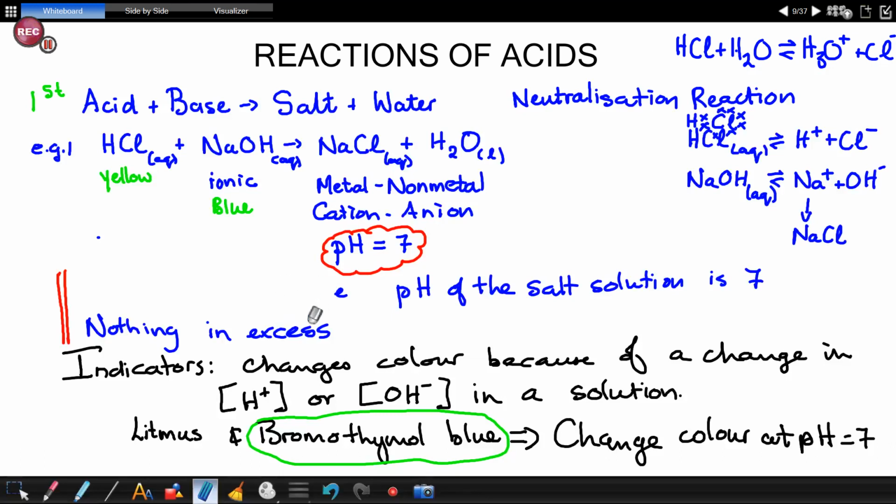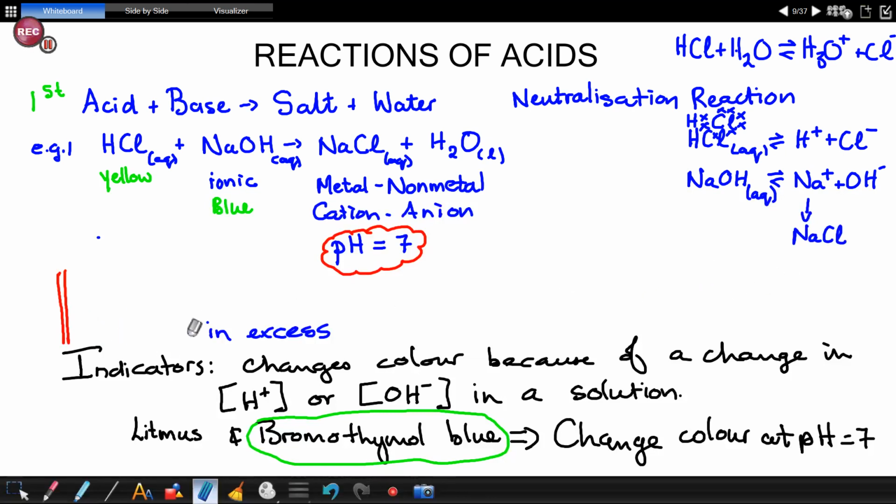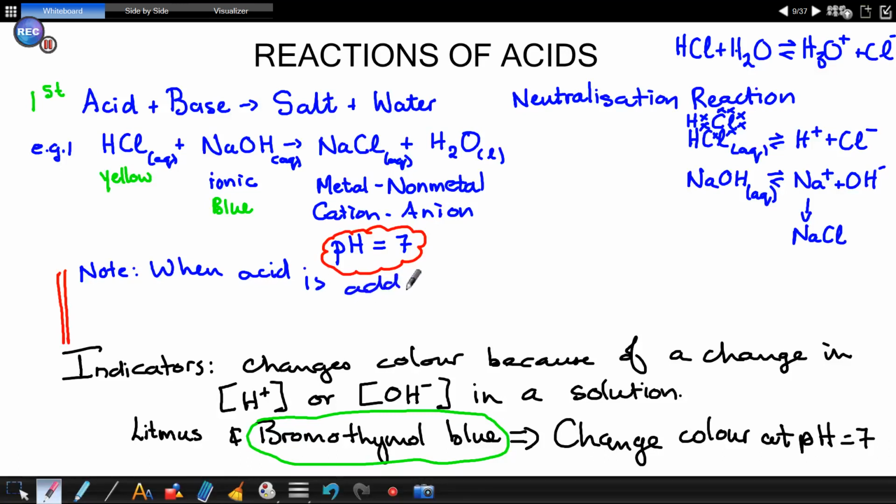My next question is, what happens to pH when you add the acid to the base? When you add the acid to the base, the pH will decrease. That is something important to note: when acid is added to base, the pH of the base decreases.